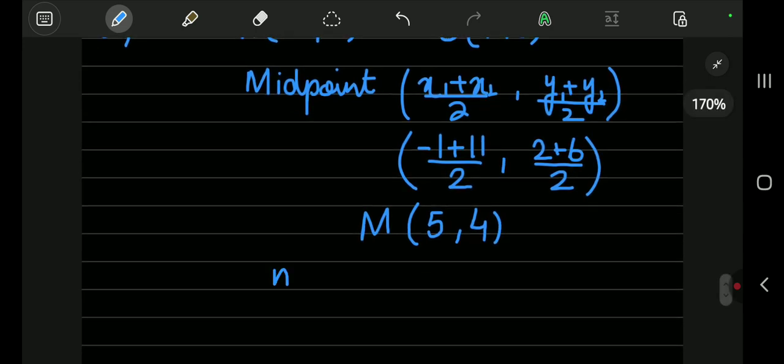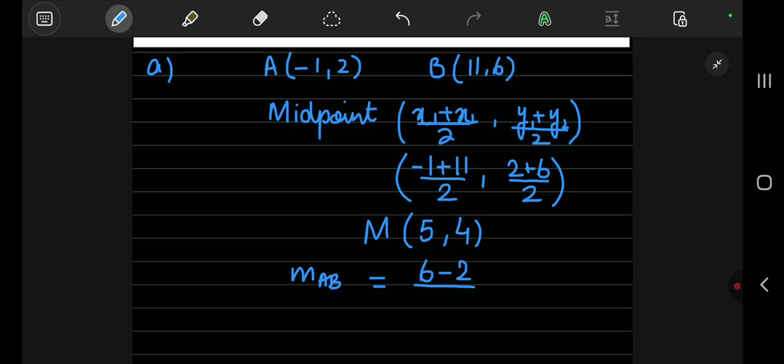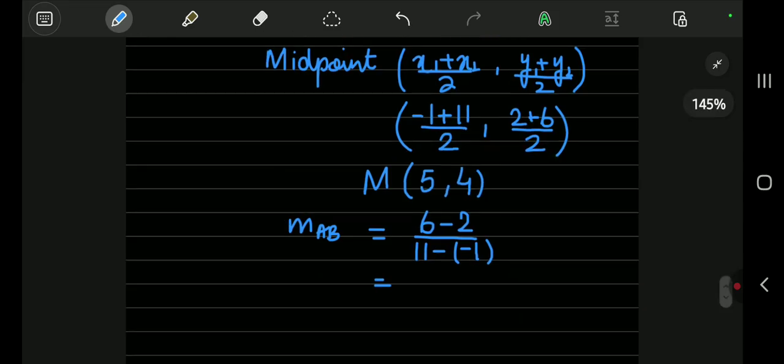Secondly, we need to find the slope of line AB so that we can write the slope of L, which is perpendicular. So y2 minus y1, 6 minus 2, over x2 minus x1, 11 minus (-1). So it gives you 4 over 11 plus 1 is 12, and that gives you 1 over 3.